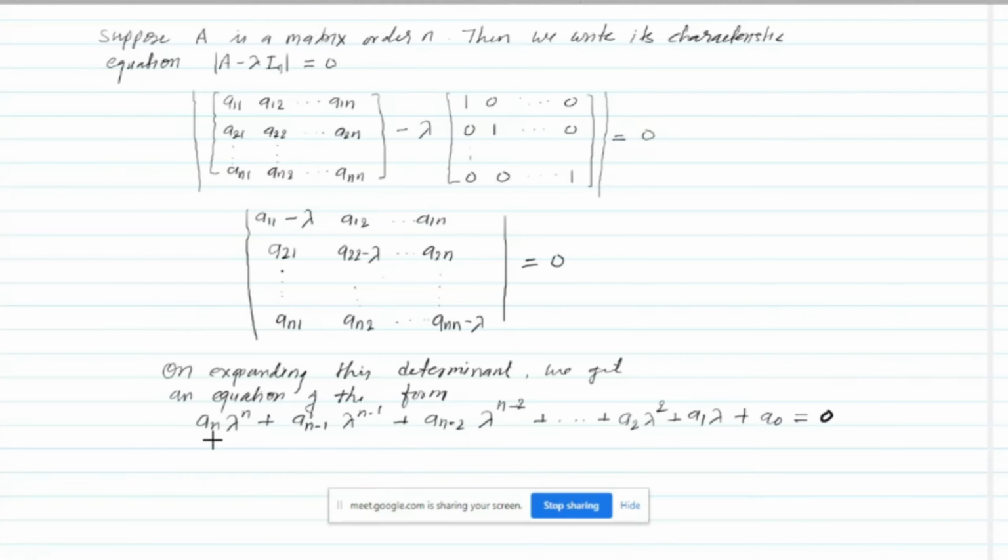This is known as the characteristic equation of matrix A of order n.